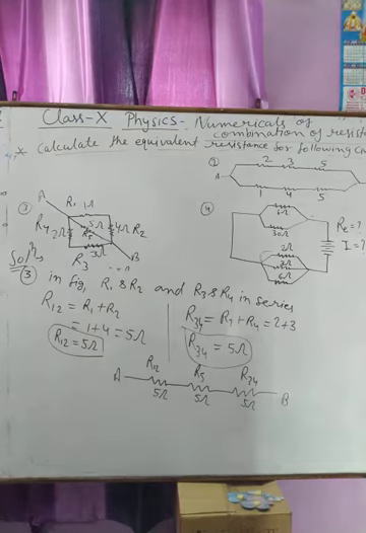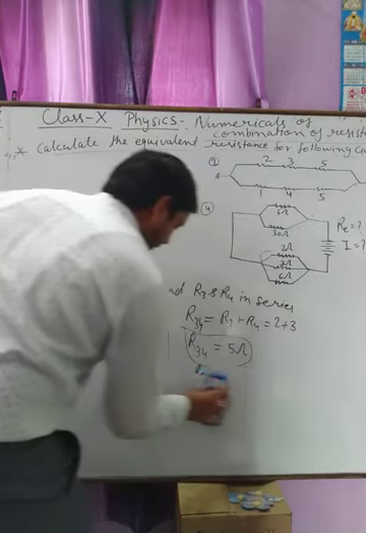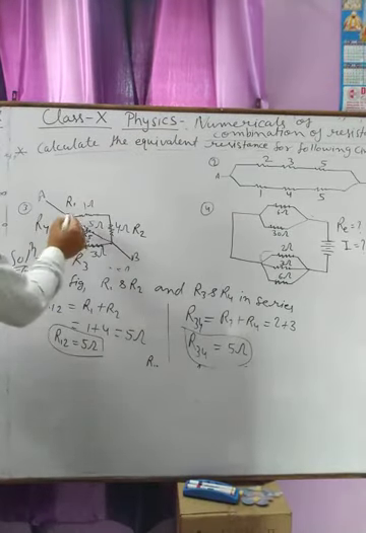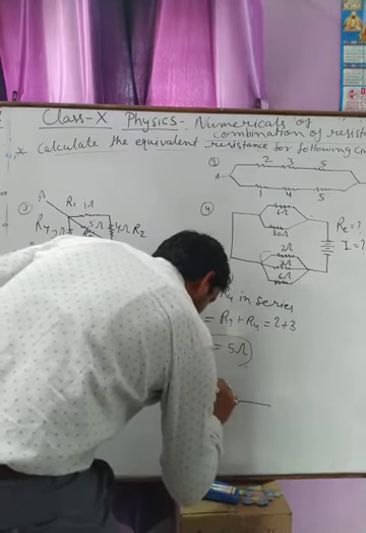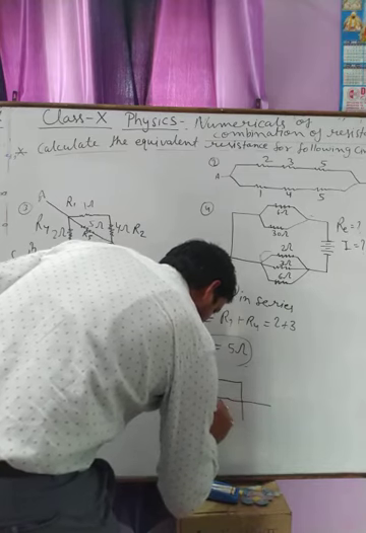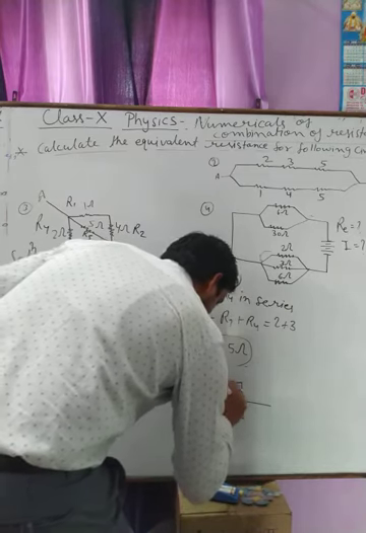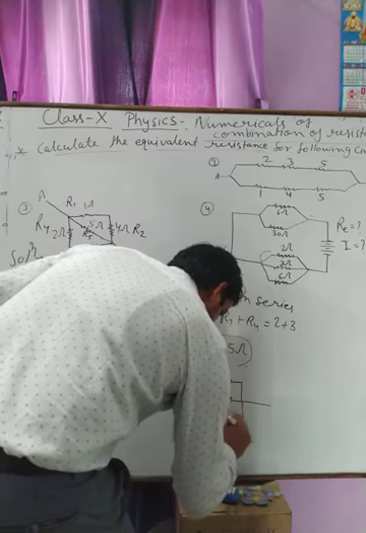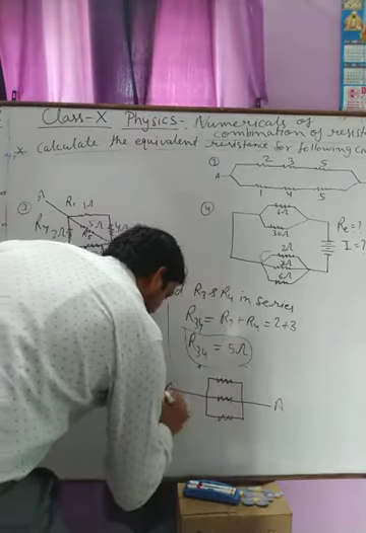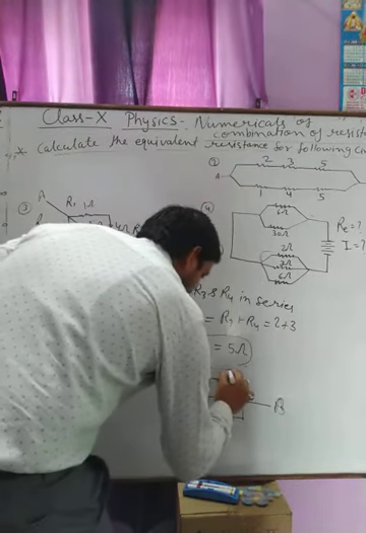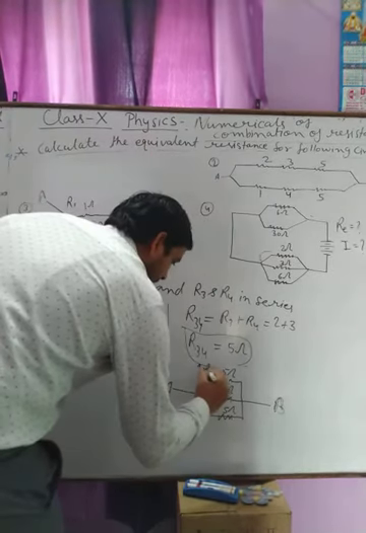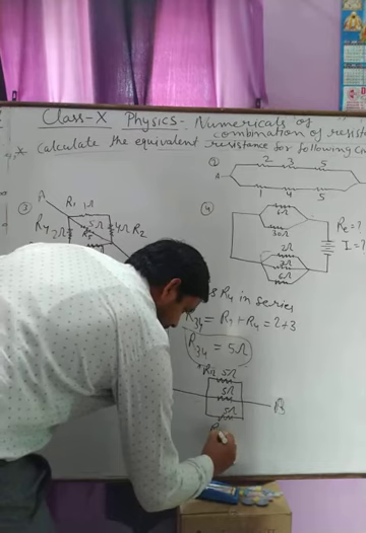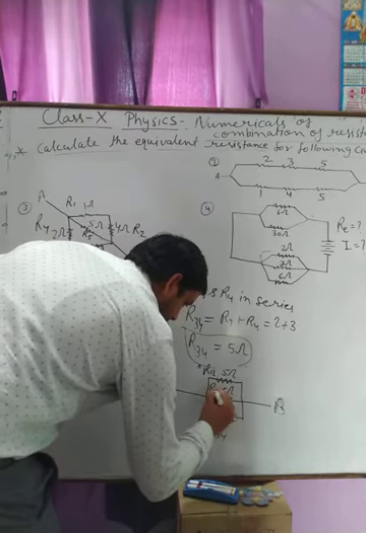Now it is not in series. It is solved in the parallel case from A to B, that is 5 ohm, 5 ohm, and 5 ohm. This is R12, this is R34, and this is R5.